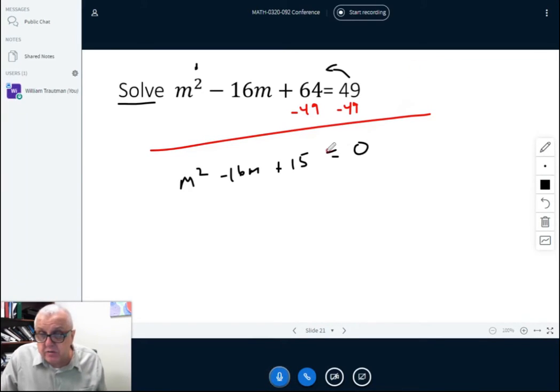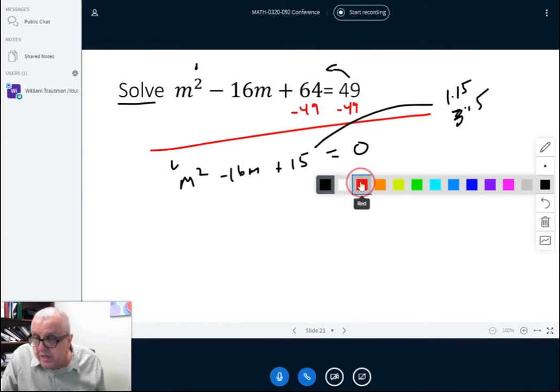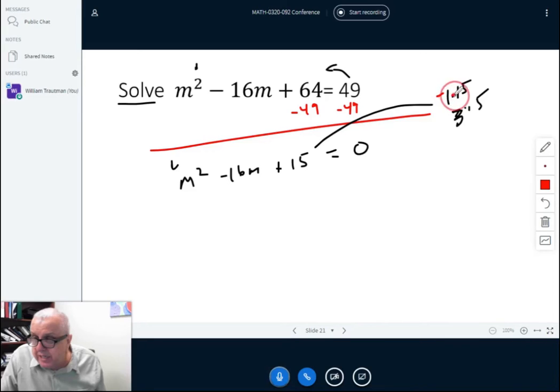We have to factor. The factors of 15 are 1 times 15. You see there's a 1 in front of the m squared. 2 times, there's no 2, it's 3 times 5. Which one of these will add to negative 16? If I have a negative 1 and a negative 15, that equals a negative 16.